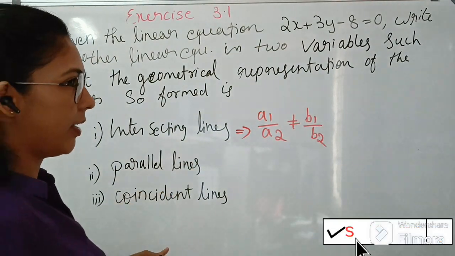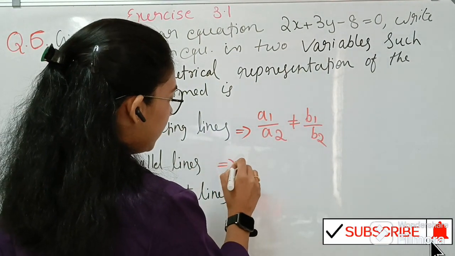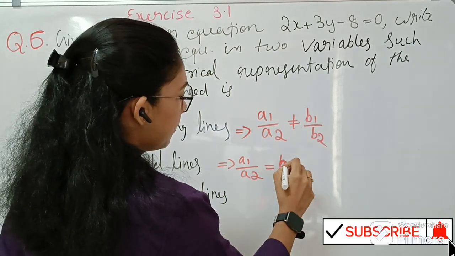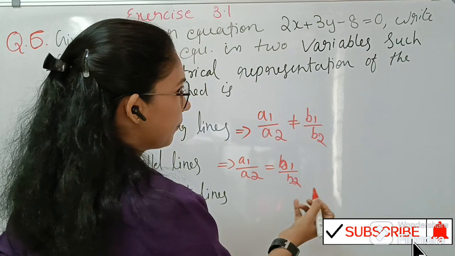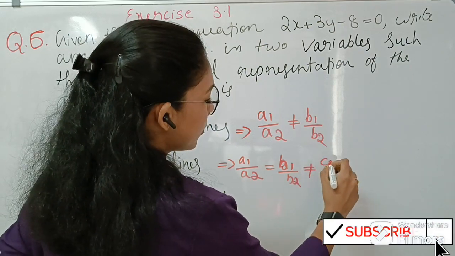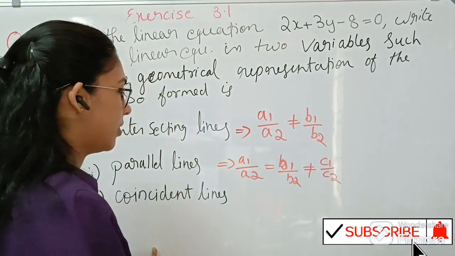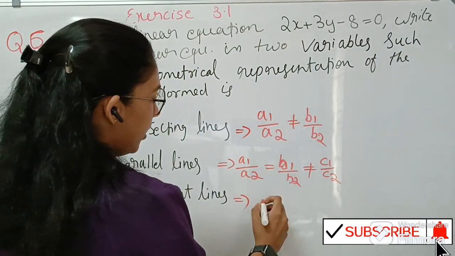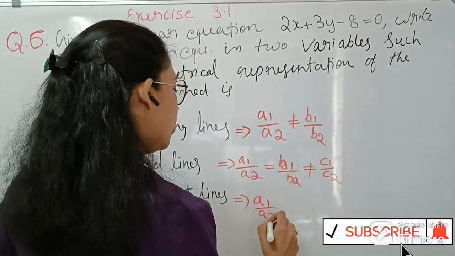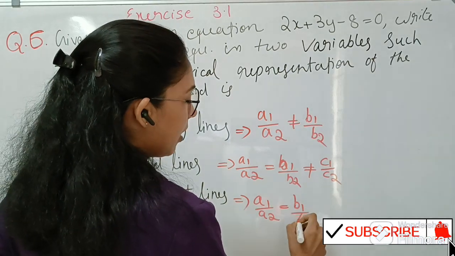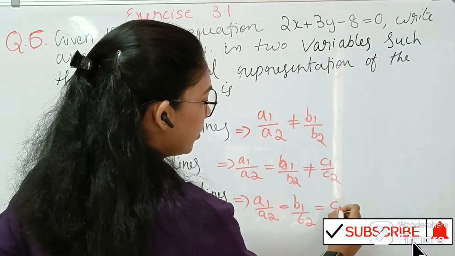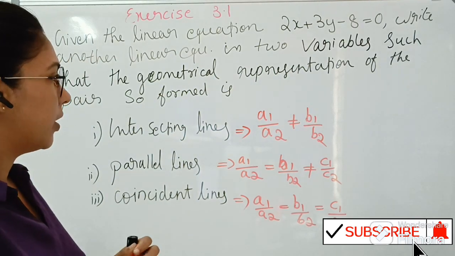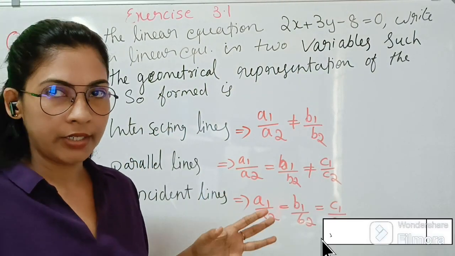For parallel lines, it is a1 by a2 is equal to b1 by b2 but not equal to c1 by c2. This is the condition for parallel lines. And finally, for coincident lines, it is a1 upon a2 is equal to b1 upon b2, which is equal to c1 upon c2. So these are the three different conditions.